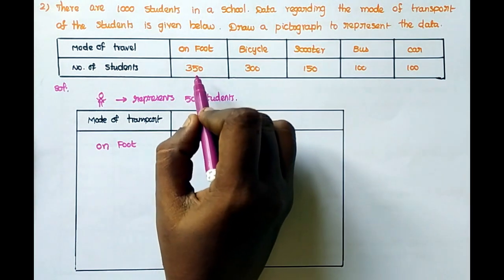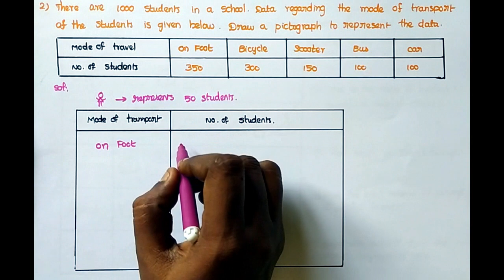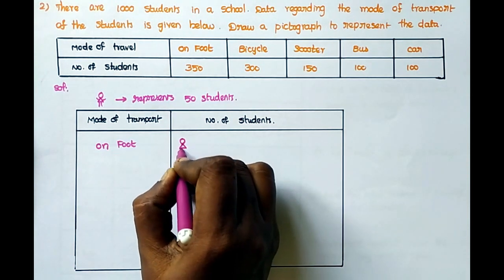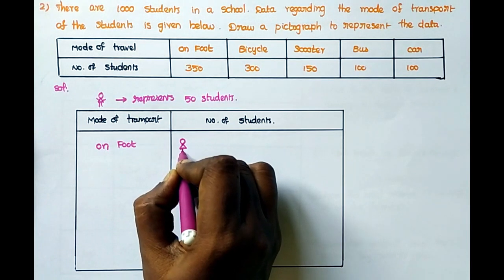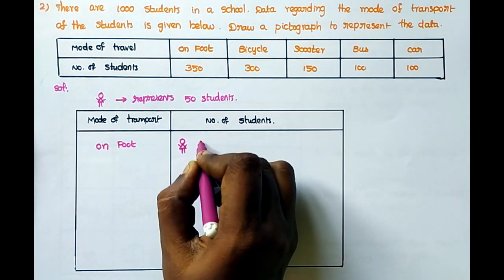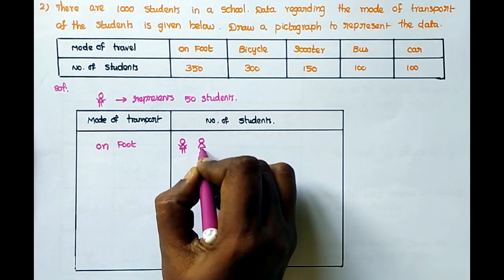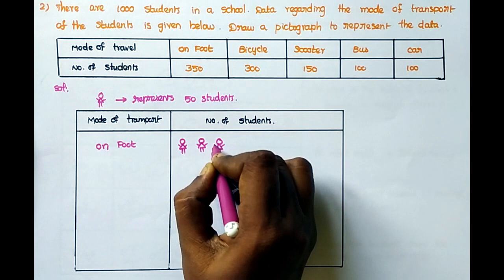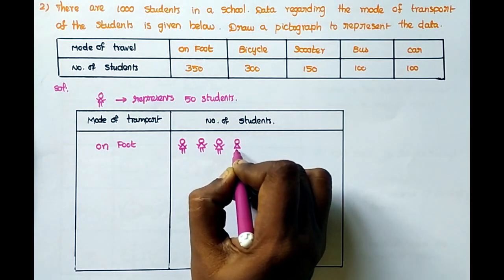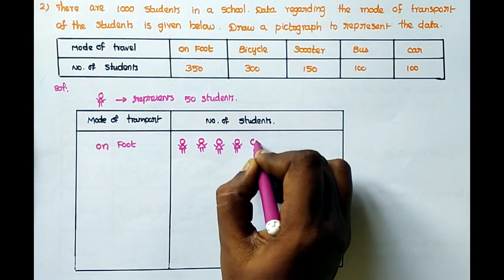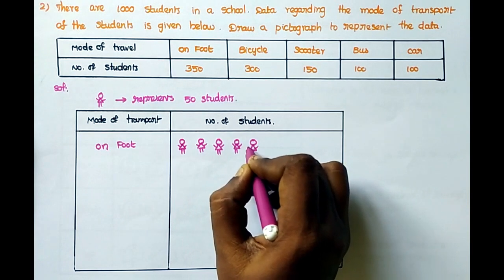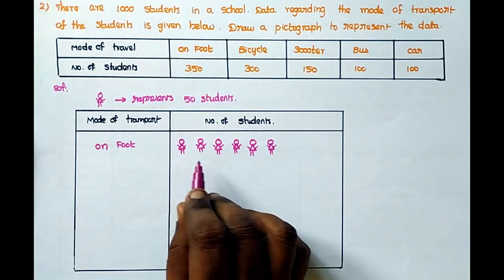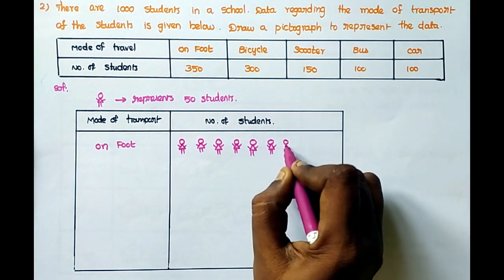So for 350, how many toys are there? 7 5s are 35, so 7 toys.